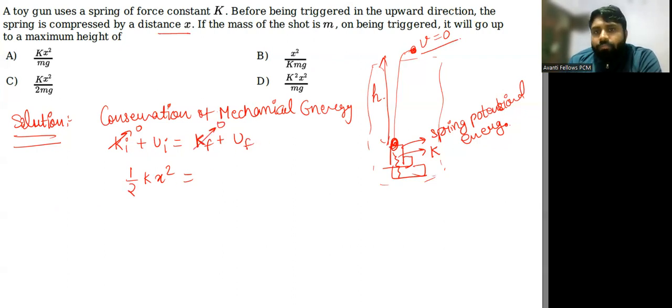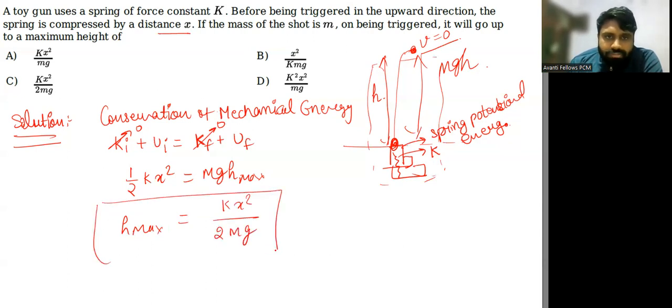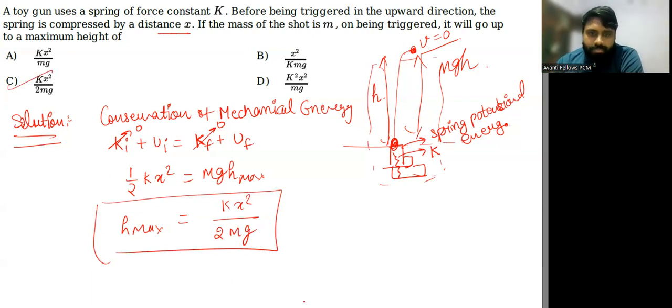But the final potential energy is now not the spring but the gravitational potential energy, which is mg into h, where h is h max. So we can say that h max is nothing but kx square upon 2mg. So this is the simple question. This option C is the correct option.